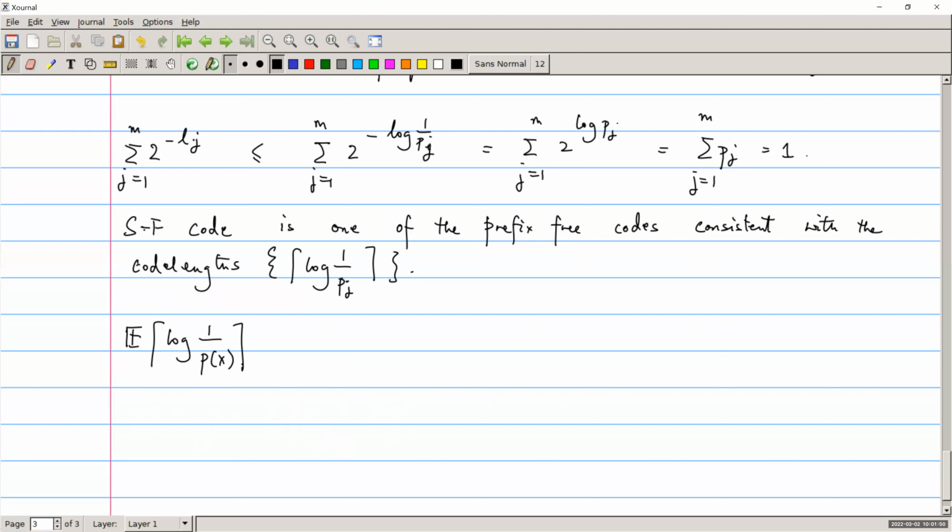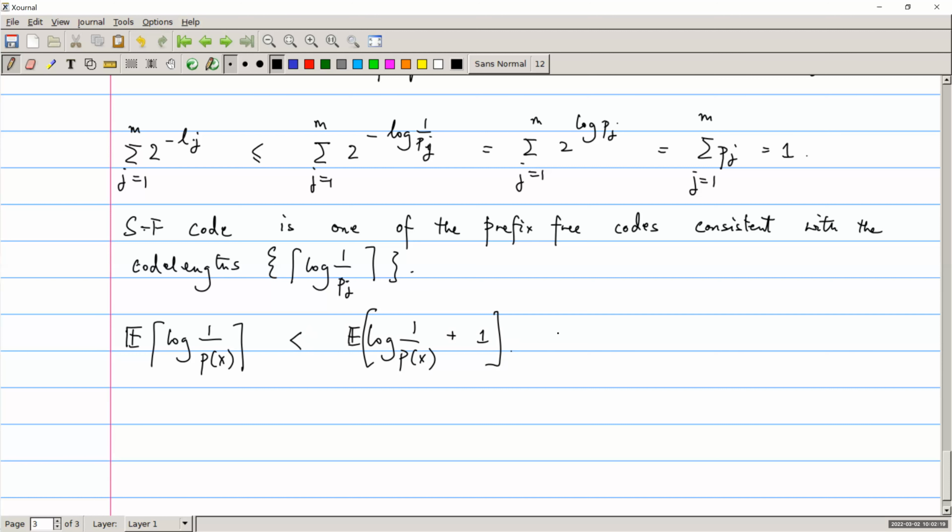So the ceiling of any number, in this case log of 1 over probability of x, is less than log of 1 over probability of x plus 1. Actually you can say it is strictly less than in this case too.